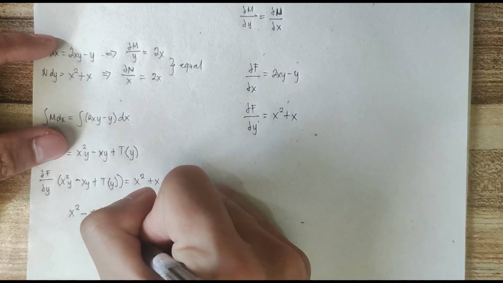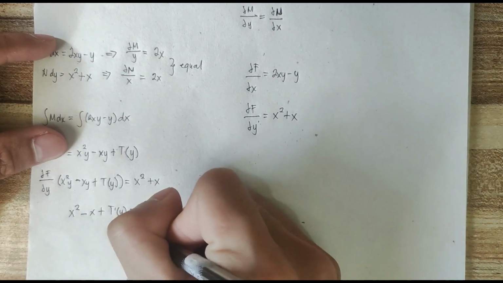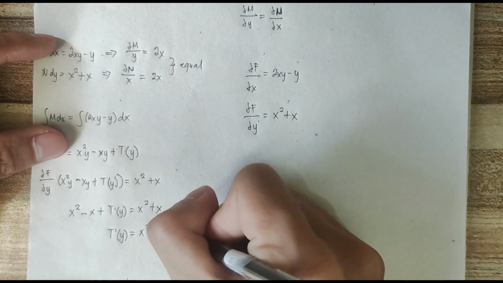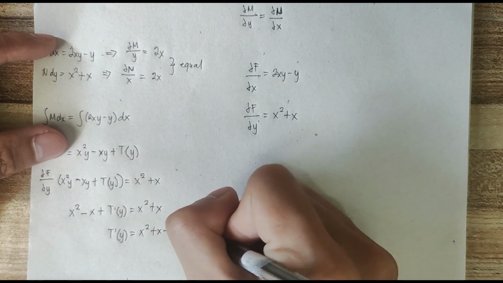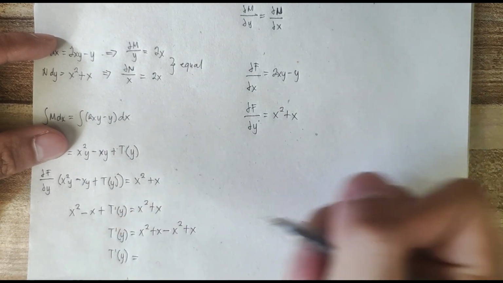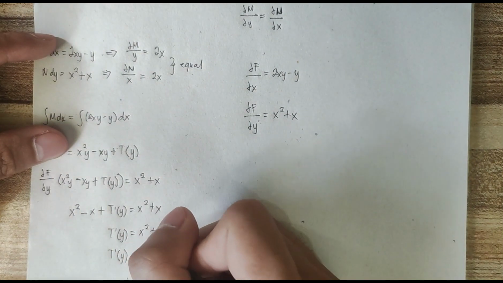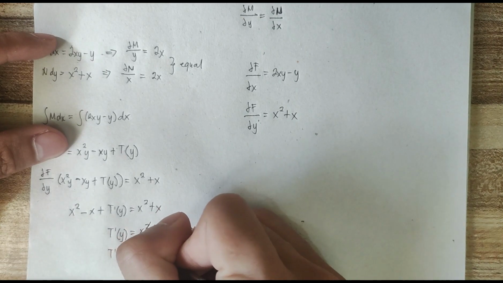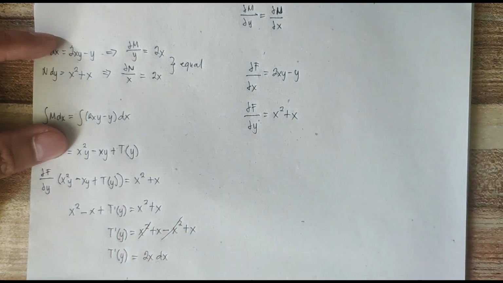Then we have t prime of y equals x squared plus x minus x squared plus x, which gives t prime of y equals 2x dx.